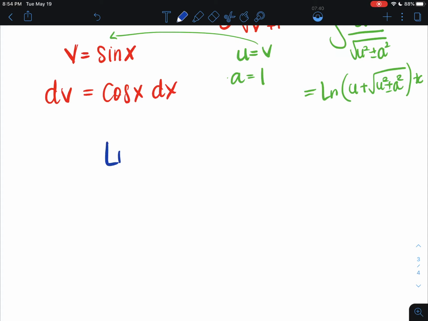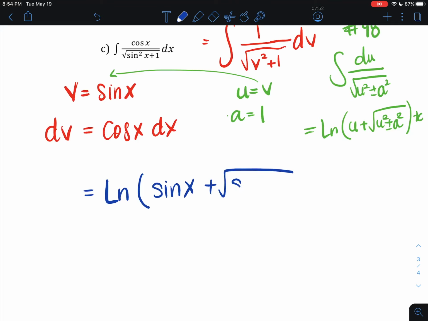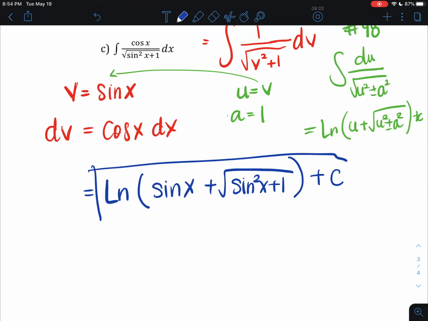I have the natural log of u, which is v, which is sine x, plus the square root of the radical that I have, sine squared x plus 1, plus c. And that's pretty much it. And I'm done.